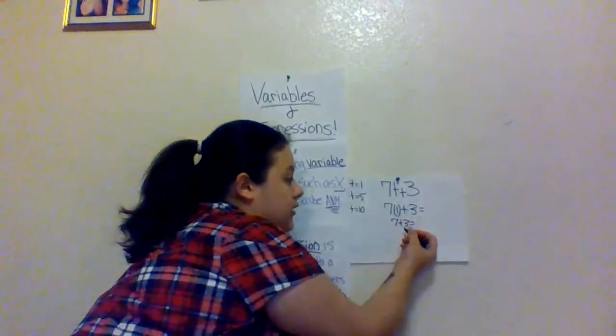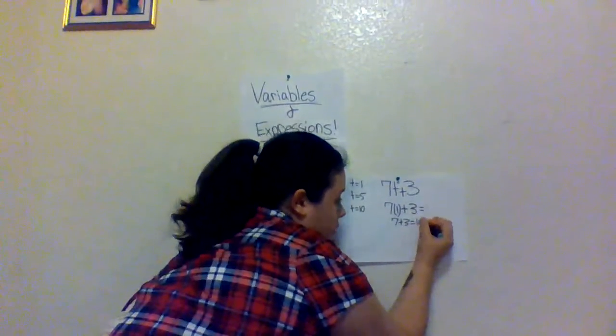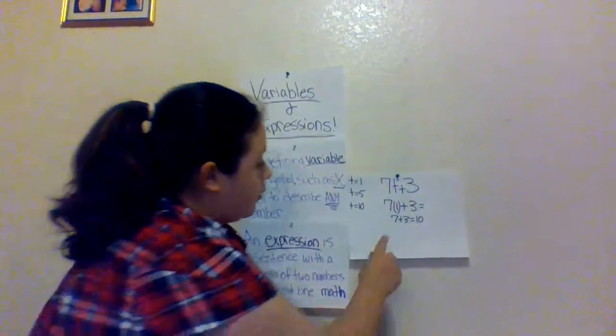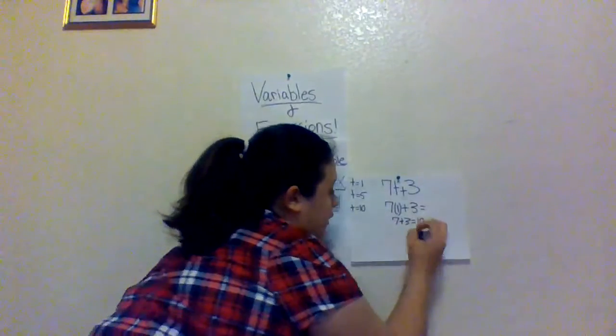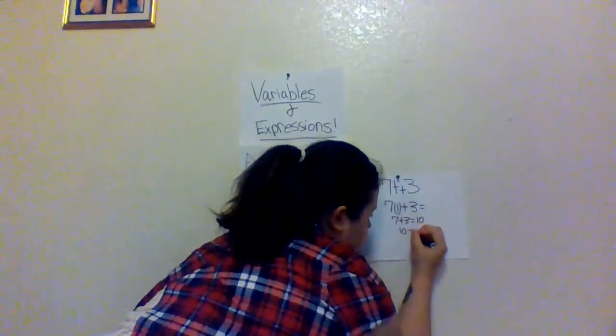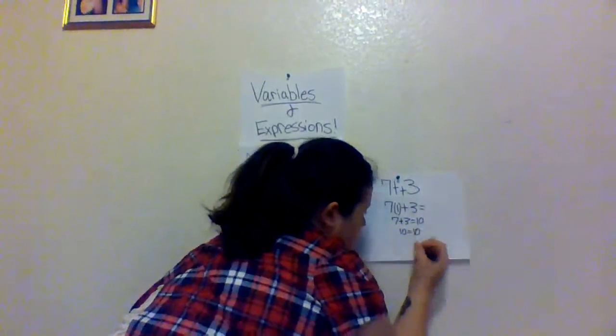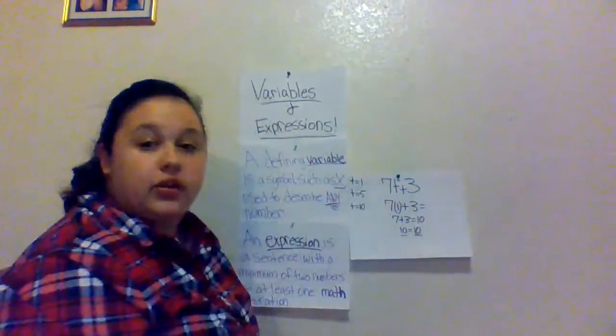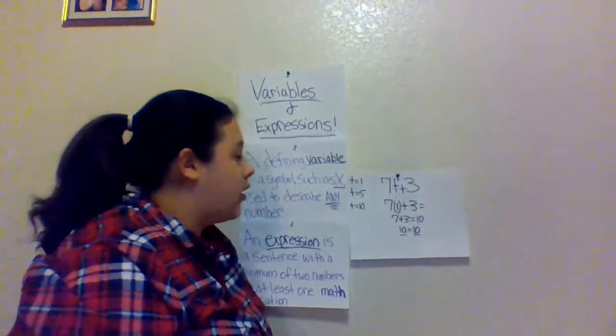So 7 plus 3 comes out to 10. Which, of course, 10 equals 10. So there you go. Both sides equaling out tells you that you've got the problem correct.